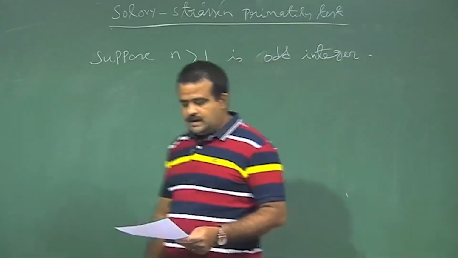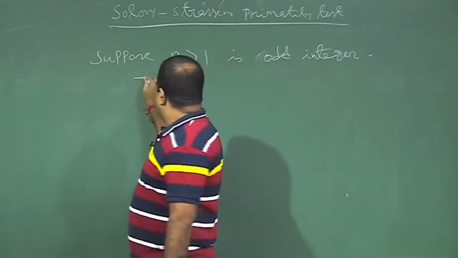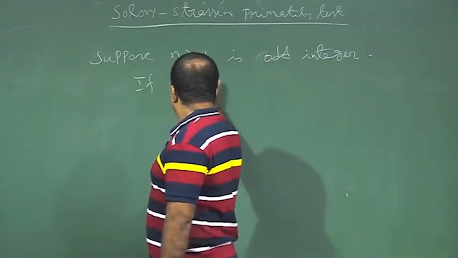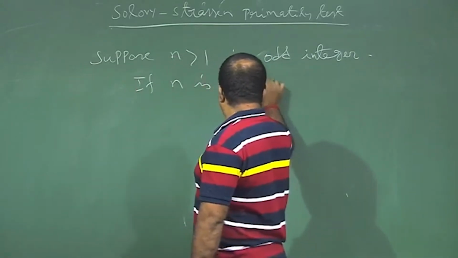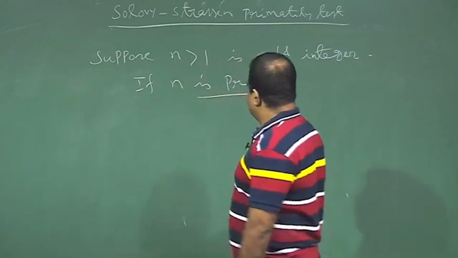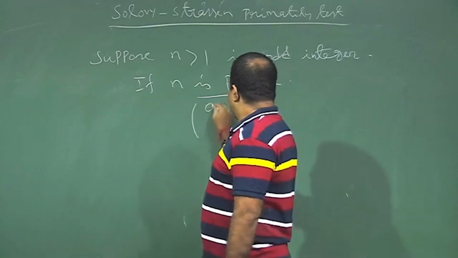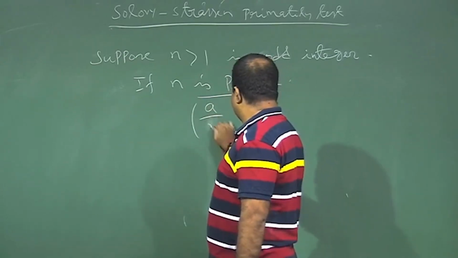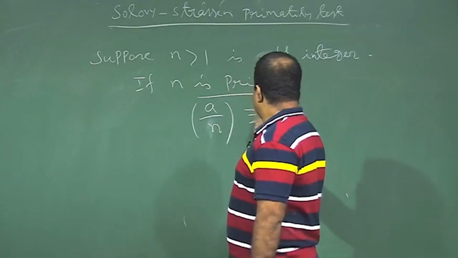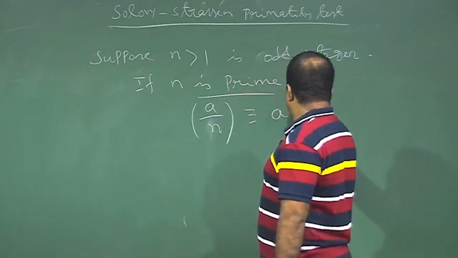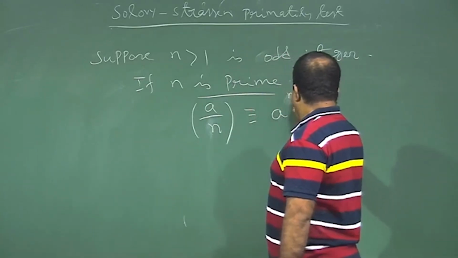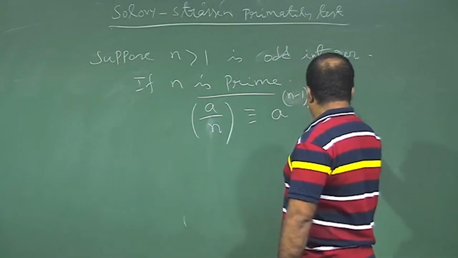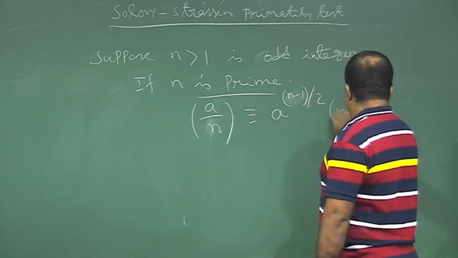Okay. Now, we know if n is prime, then by Euler's criterion, a by n, which then becomes the Legendre symbol, is congruent to a to the power (n minus 1) by 2 mod n.